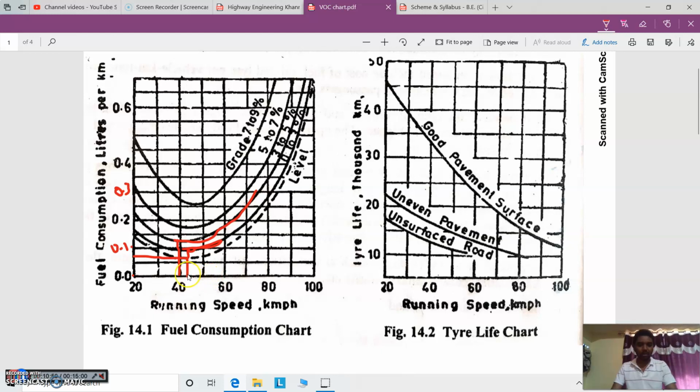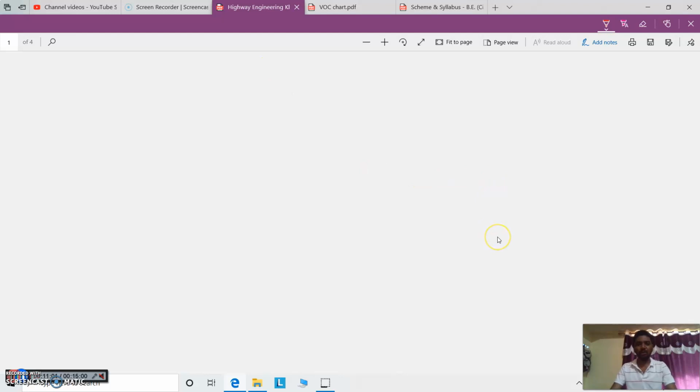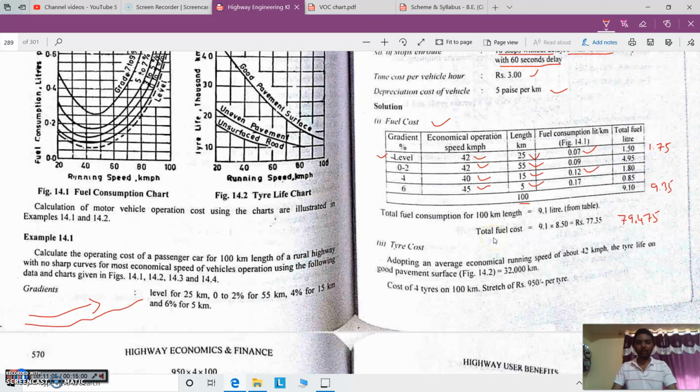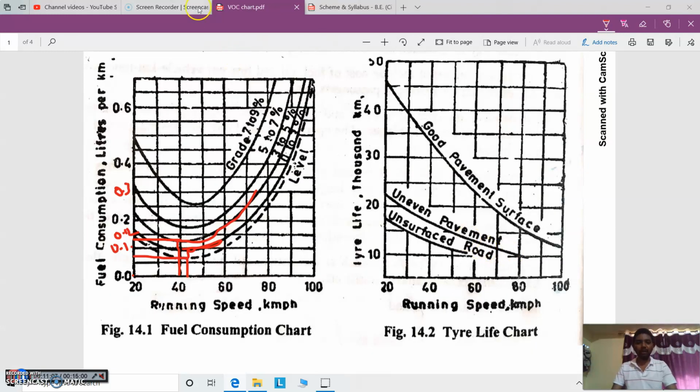For 40 kmph, when you erect it to this point, it is 0.12, and the same is tabulated and multiplied with the given data.